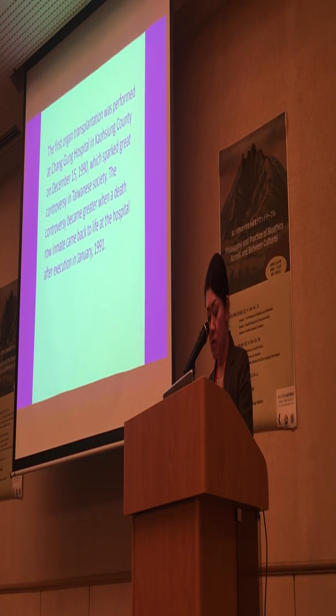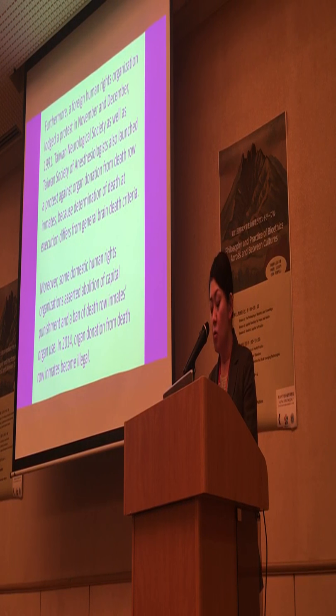The controversy became greater when a death row inmate came back to life at the hospital after execution in January 1991. Furthermore, a foreign human rights organization launched a protest in November and December 1991.